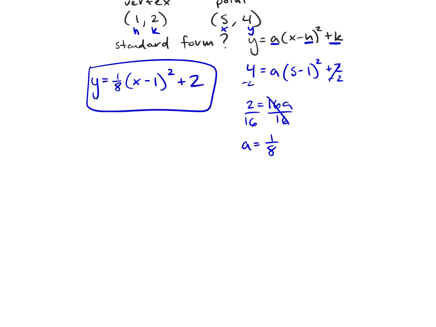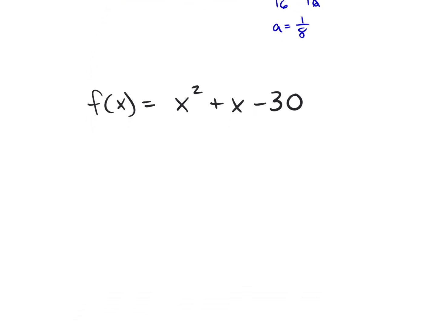All right, the other type of question that you'll see that we didn't really practice would be finding the x-intercepts. So if I had something like f of x equals x squared plus x minus 30, and it asks us for the x-intercepts, what would I do? We set it equal to 0, so I would change the y to be 0. And then we'd have to factor.